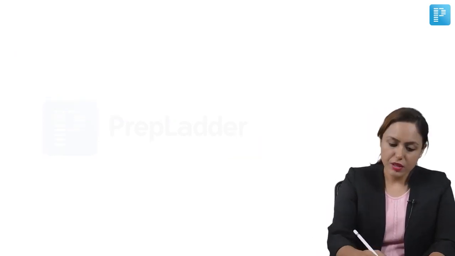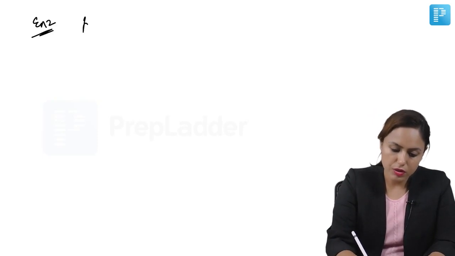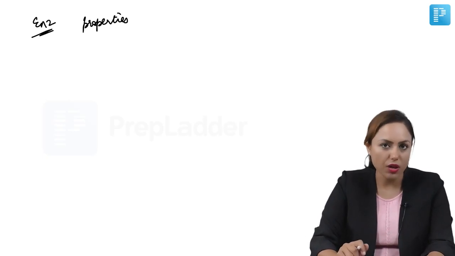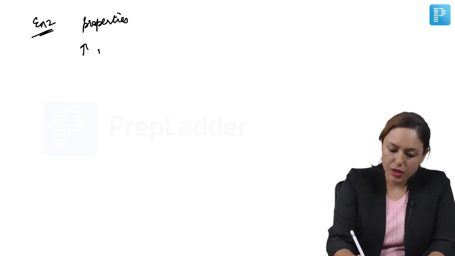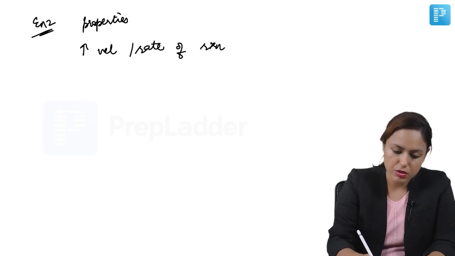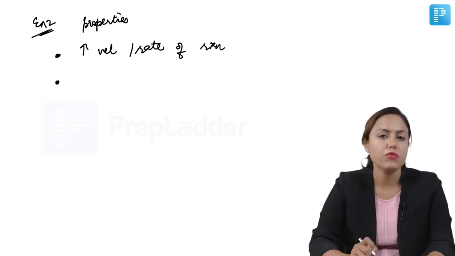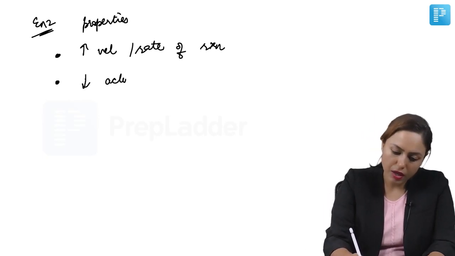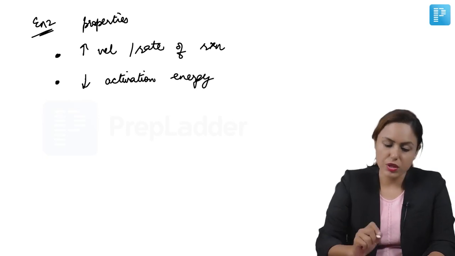Then at the end of enzymes, what we can do is, what are the properties of enzymes? You can write, sometimes a question is asked. So enzymes increase the velocity or rate of reaction, right? They decrease the activation energy required by the substrate.